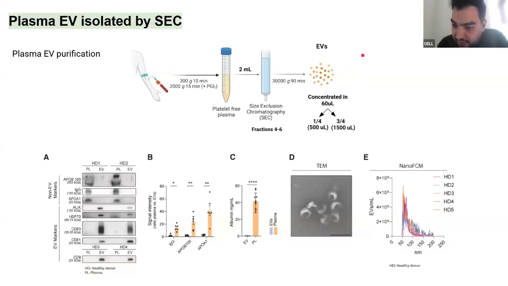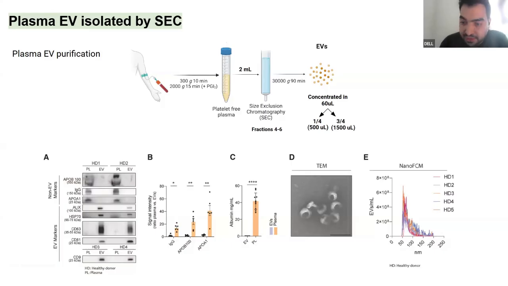The isolated vesicles displayed canonical EV markers, including the tetraspanins CD63, CD81, and CD9, and cytosolic proteins such as ALIX and HSP70. But in contrast, signals corresponding to HDL and LDL apolipoproteins, which are ApoA1 and ApoB100, were nearly absent in the EV fractions compared to whole plasma.